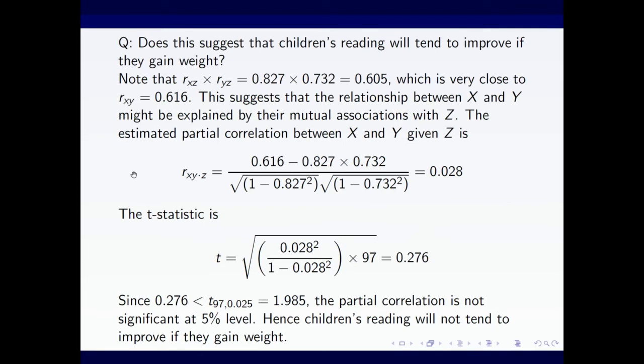In this case, we get the partial correlation value of 0.028, and the corresponding t statistic is very small, 0.276, so the partial correlation value is not significant at the 5% level.